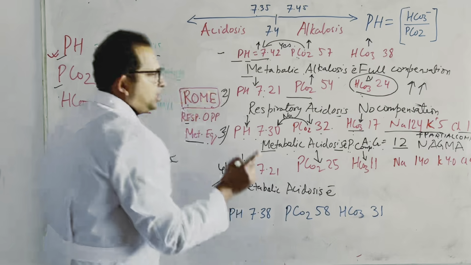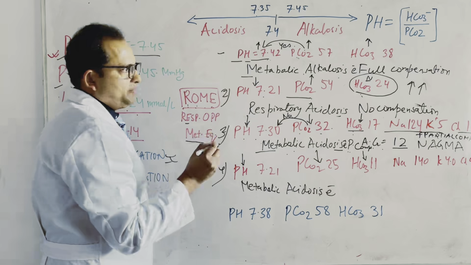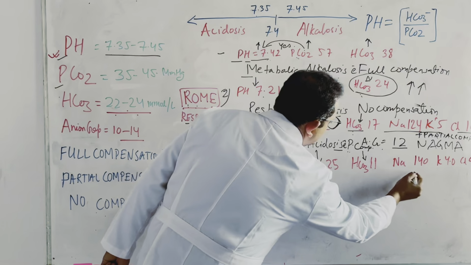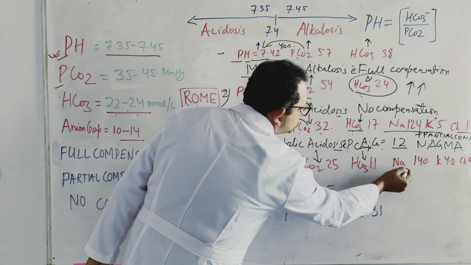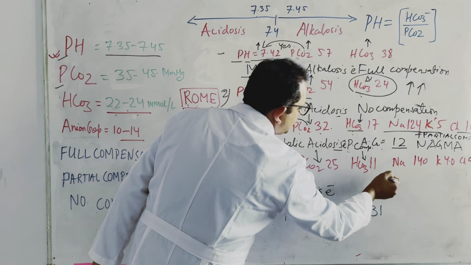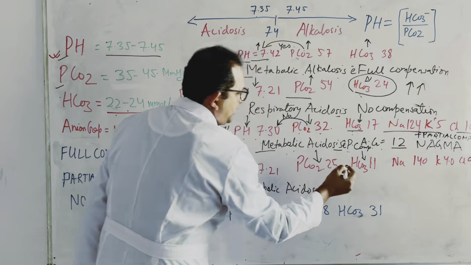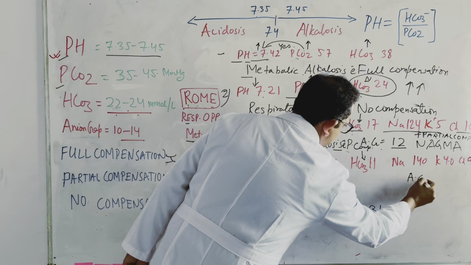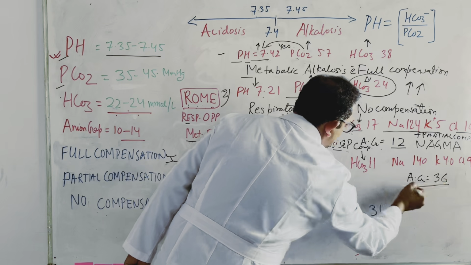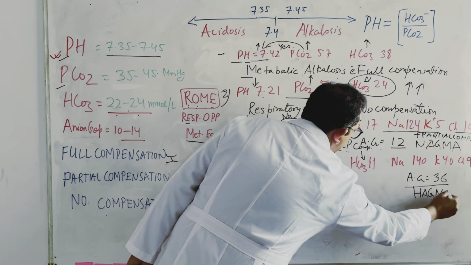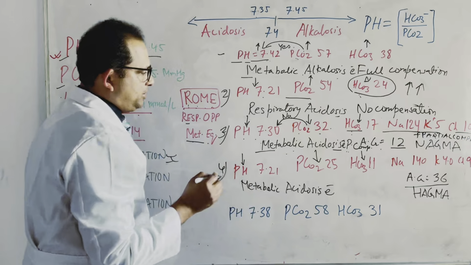Now we have to calculate the anion gap. If you add up sodium and potassium and subtract the chloride and bicarbonate, the anion gap will come to 36, which is nothing but HAGMA, high anion gap metabolic acidosis.